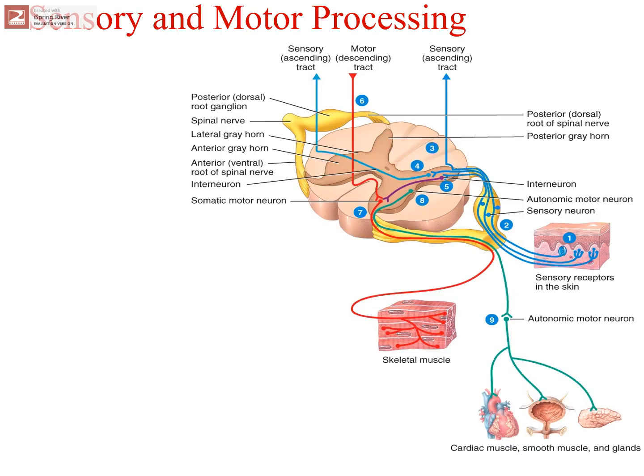So let's quickly revise before we move on. This over here in the back is the posterior aspect, and this in the front is the anterior aspect. The posterior aspect is where the sensory neurons enter the spinal cord.